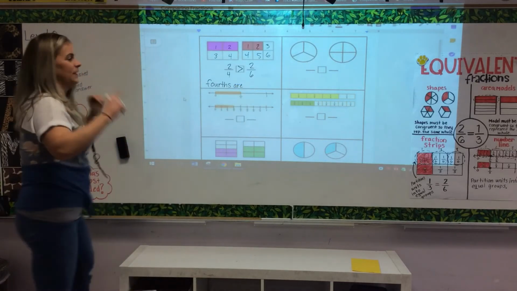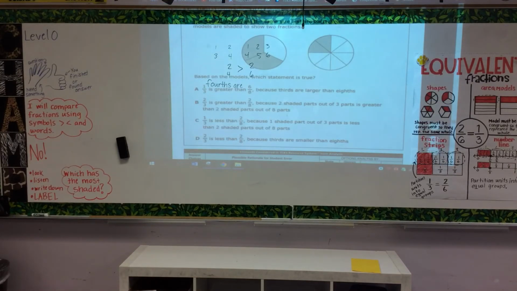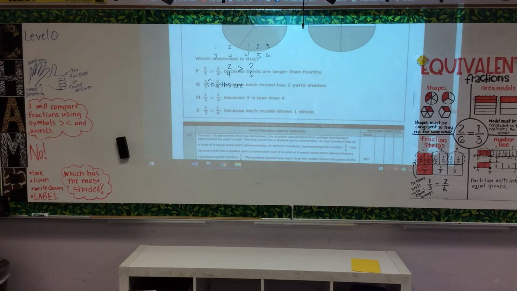are, hold on, I gotta see how it's worded. I pulled up a question. So this is a question from one of the past tests. See, they say because thirds are larger than eighths, so they say larger. Let's look at another one. Because thirds are larger than fourths.